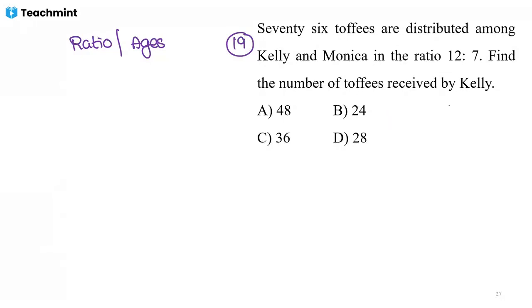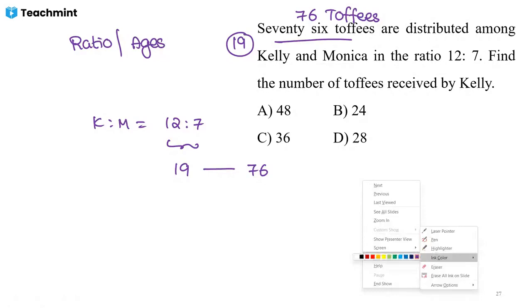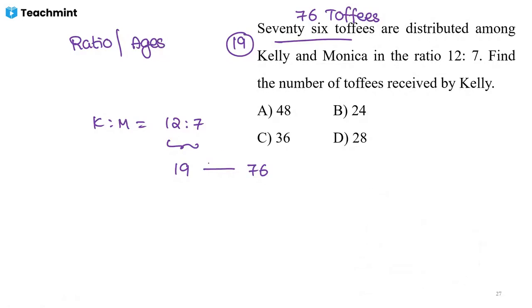Here Kelly and Monica, the sum of 12 plus 7 is 19. You want total 76. Here they mention, instead of numbers, toffees or chocolates, 76 toffees to be distributed. 19 should become 76, so multiply by 4. This is the shortcut, dear. Don't waste your time in the exam. I repeat, this model, I guarantee one question you can find.